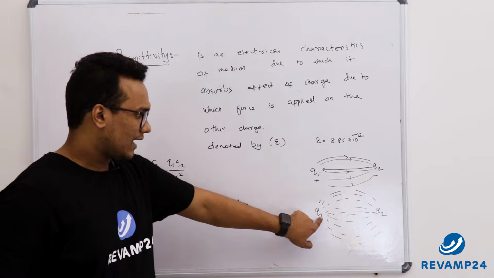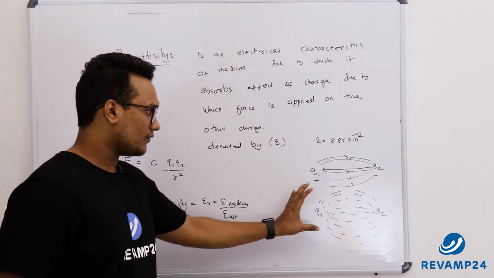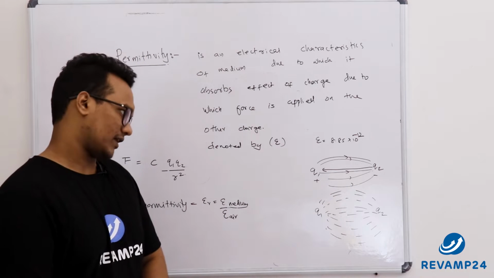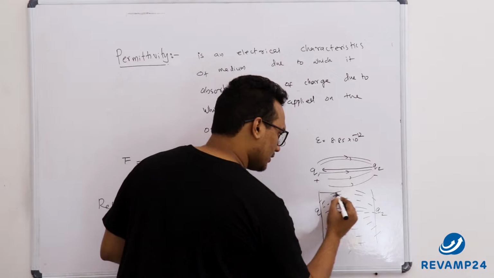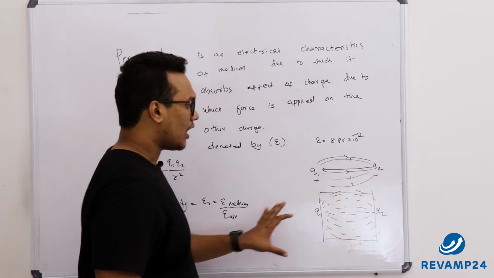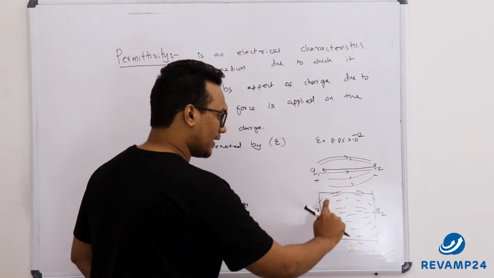So Q1 exerts a force on Q2, and it is attracted towards Q1 with the help of 10 field lines. Say for example, when we are inserting a medium in between Q1 and Q2, out of 10, some of the field lines will be absorbed by the medium.